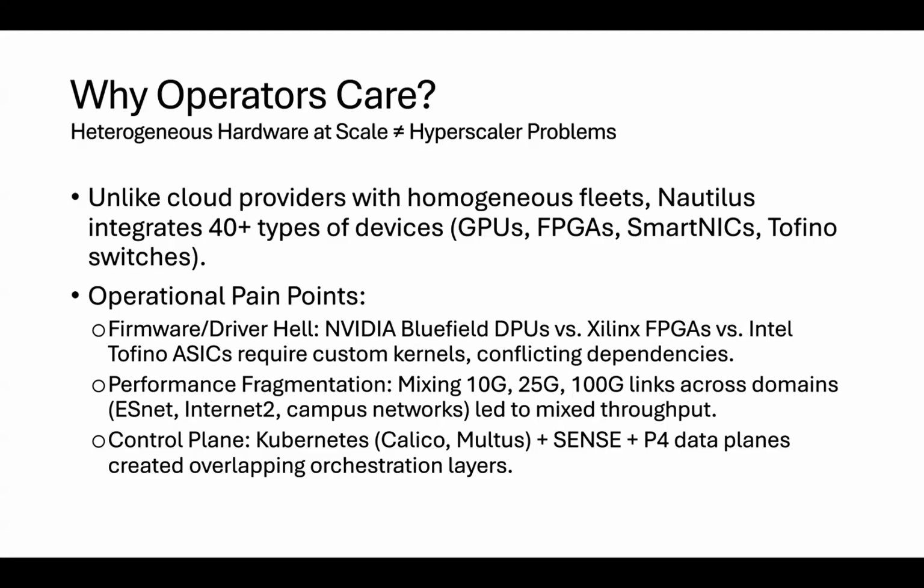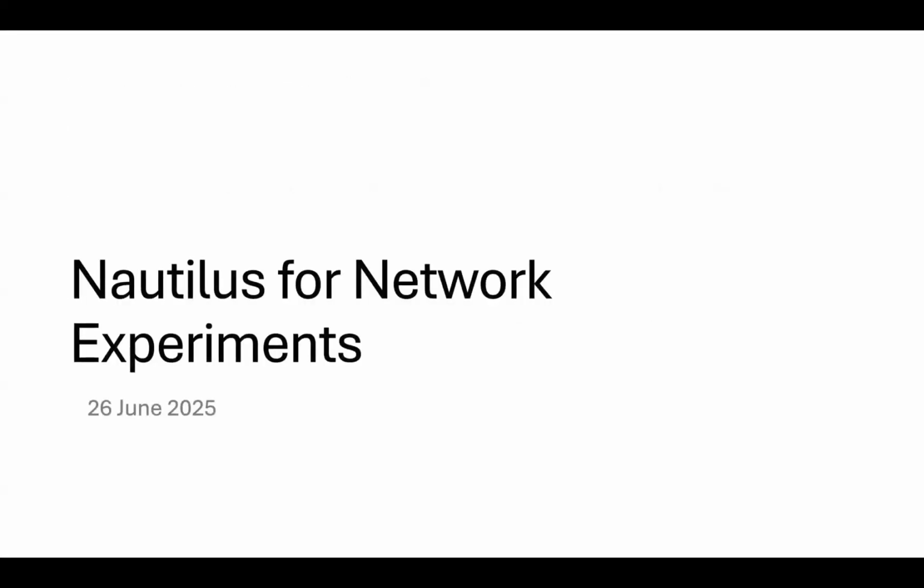More often than not, one NIC port is used for deployment. That is the NIC connecting the node to the rest of the cluster, to the public internet, to the network, and so forth. But the other port in a lot of cases is available for provisioning through Kubernetes with Multus. That makes it available for network research, for establishing topologies and network experiments on Nautilus, which is what I'm going to dive into a little bit here.